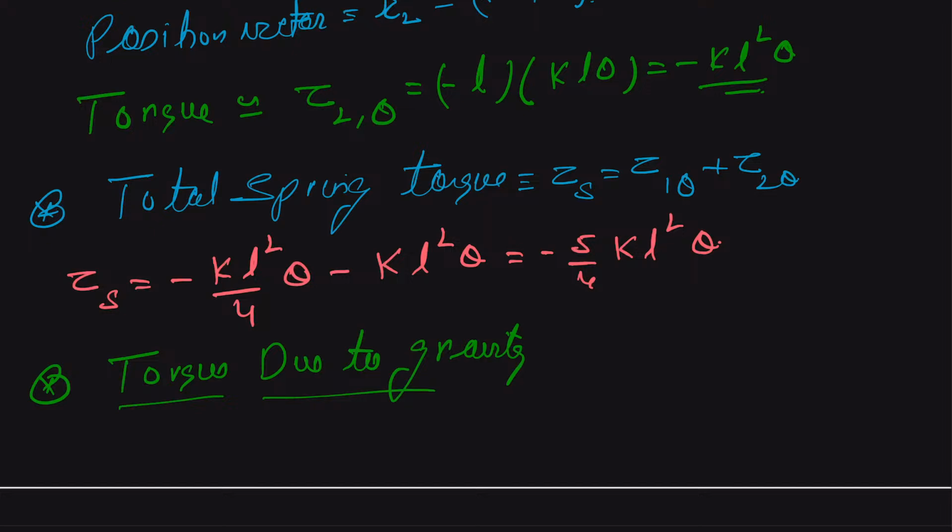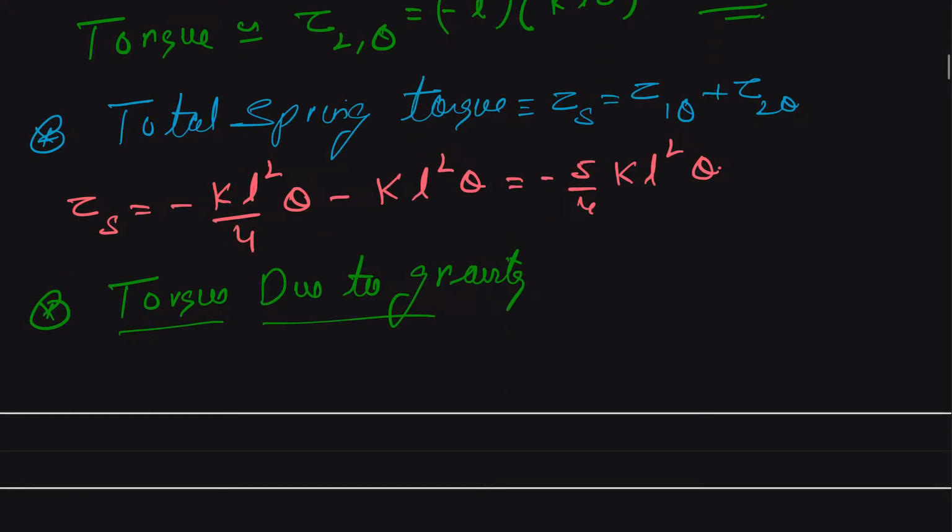So we know that our gravity, suppose the force is given as F of g, will be 0 comma minus mg, and it will be acting at the center of mass.